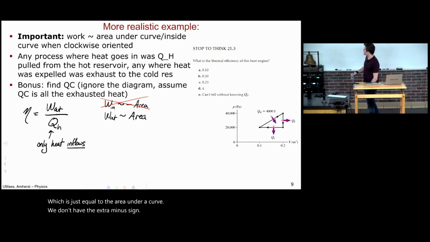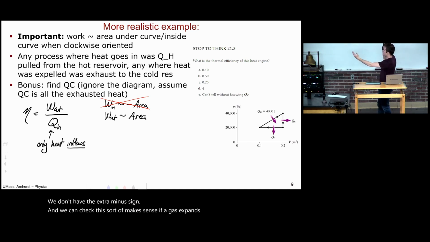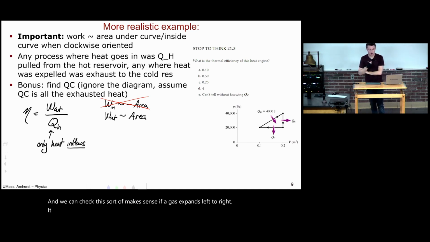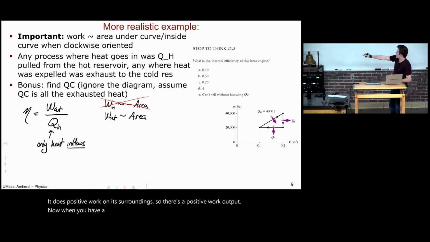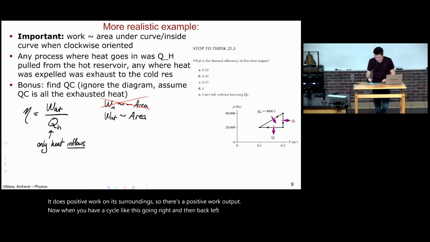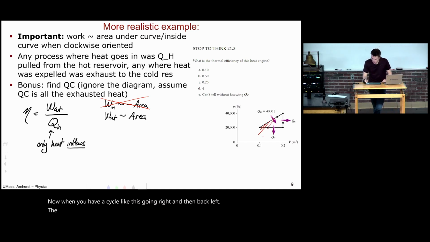And we can check that this sort of makes sense. If a gas expands left to right, it does positive work on its surroundings, so there's a positive work output. Now, when you have a cycle like this going right and then back left, the area as you go to the right will be this whole red area.